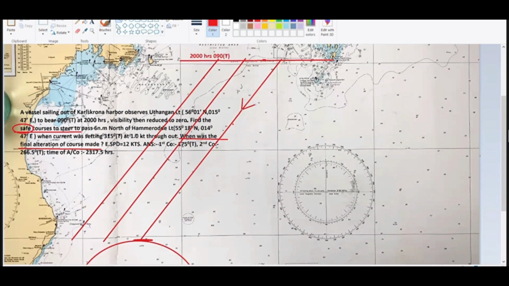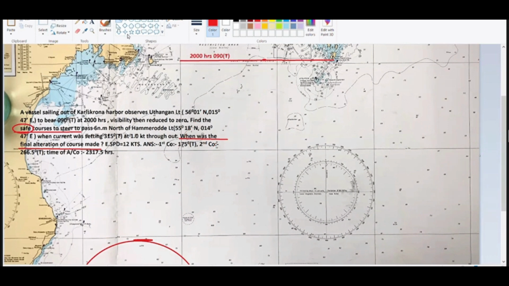From any point, suppose the A point, draw a perpendicular line. So this will be your first course made good. The second course made good itself will be the transferred position line. This will be the second.